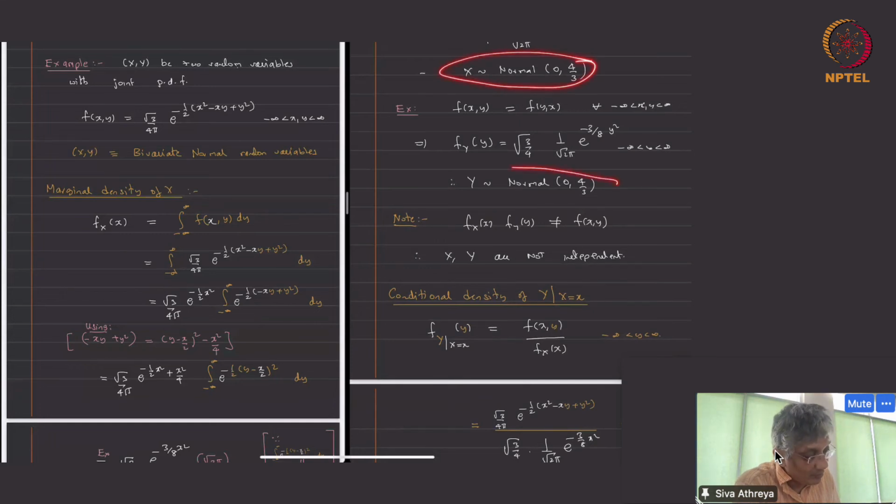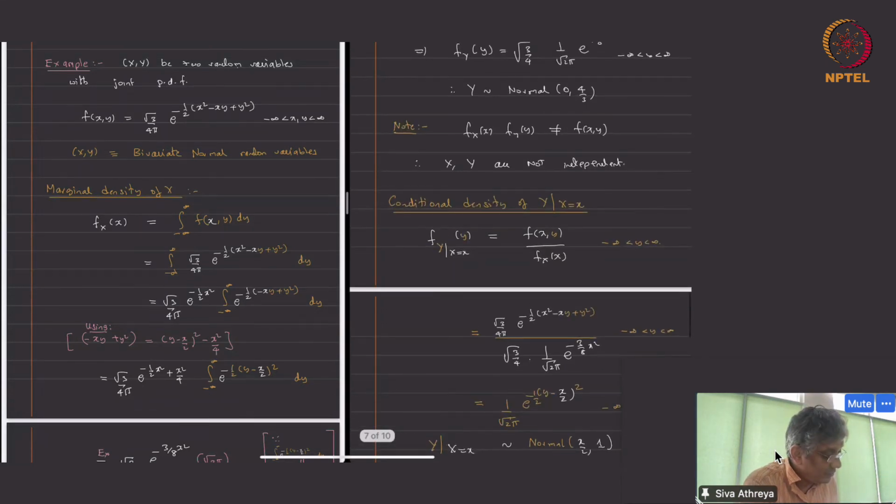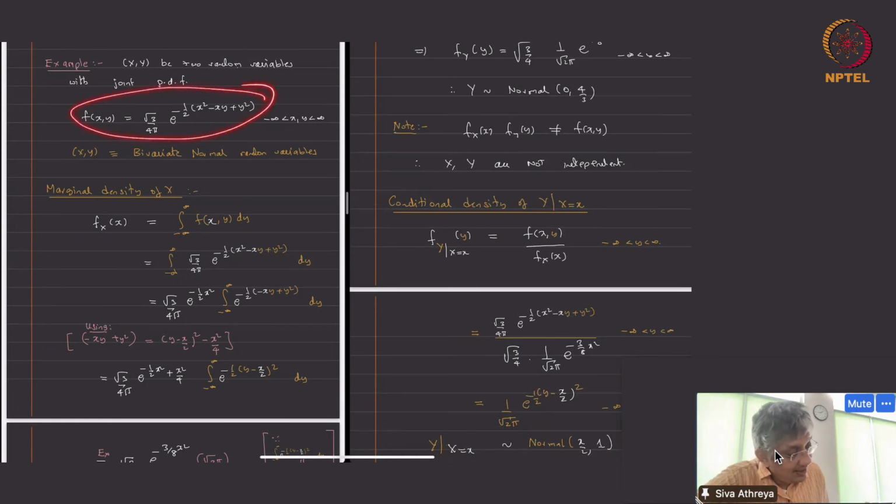By symmetry, y was also normal with variance 4 by 3. They were not independent, and the density of y given X equal to x turned out to be normal with mean x by 2 and variance 1. So there's some relationship between y and x that forces the joint density to be of this form, with individuals being normal and even conditionals being normal. This is something that we will have to utilize as we go along.